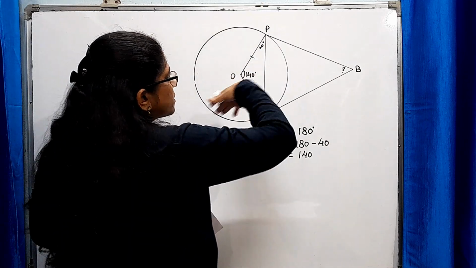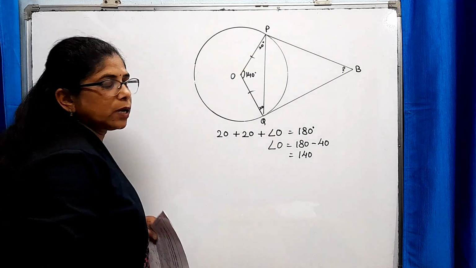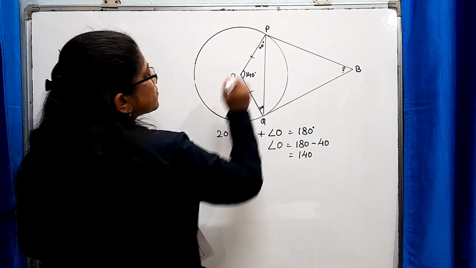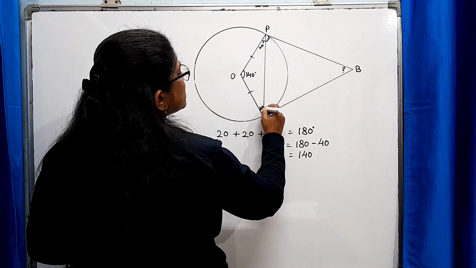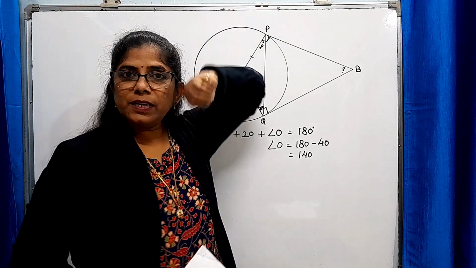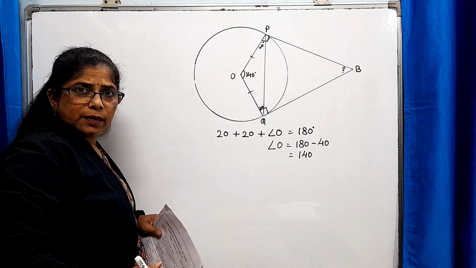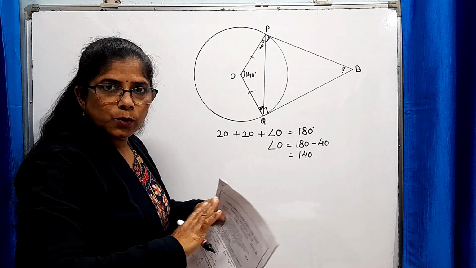Now in this quadrilateral OPBQ, the sum of the four angles of a quadrilateral is 360. In this, these two angles are 90 degrees because the radius makes 90 degrees with the tangent. So 90 plus 90, 180 goes there.